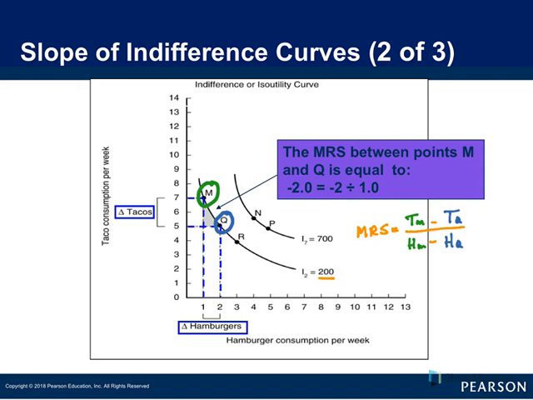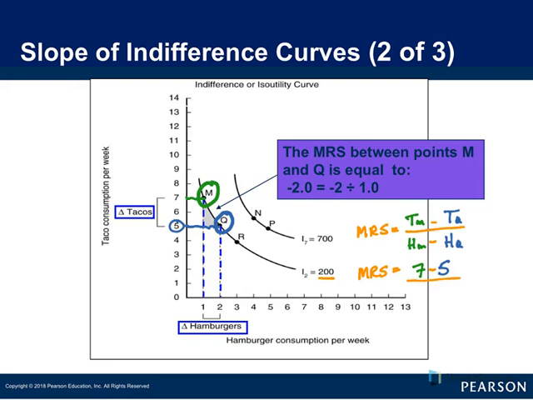And it's pretty easy to put in the equation, but I'll do it with you. The marginal rate of substitution is equal to, at point M, 7 tacos, minus the number of tacos at point Q. And you can see that number of tacos at point Q is 5. 7 minus 5. And that gets divided by the change in hamburgers.